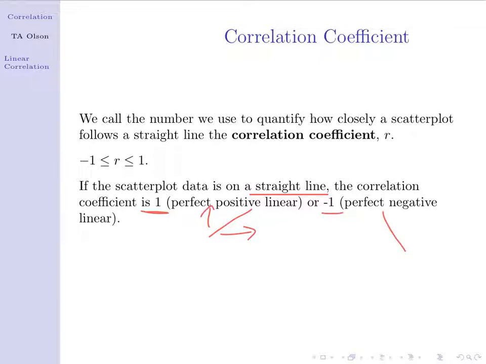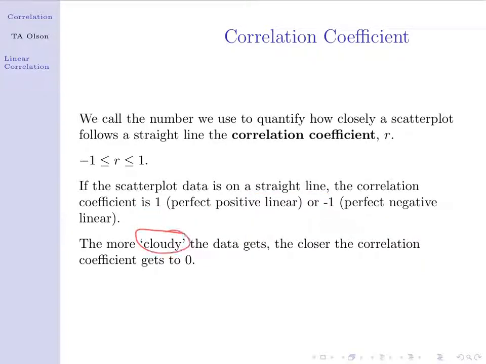If one of them increases, the other one decreases. And the more cloudy the data gets, the more scattered it gets, the closer the correlation coefficient gets to 0, right? 0 is in the center. 0 means that there doesn't seem to be any relationship between our data. Next, we're going to take a look at some examples.